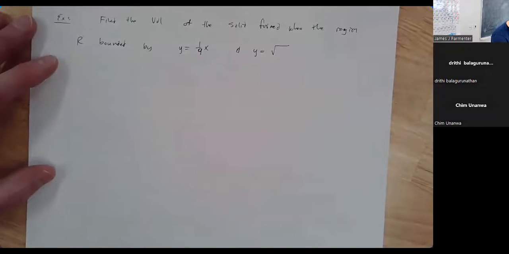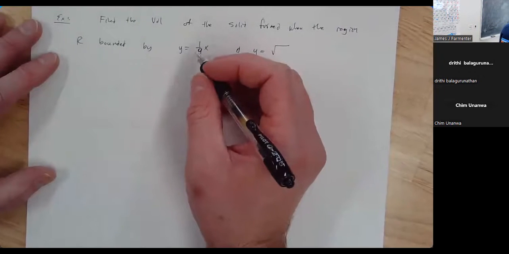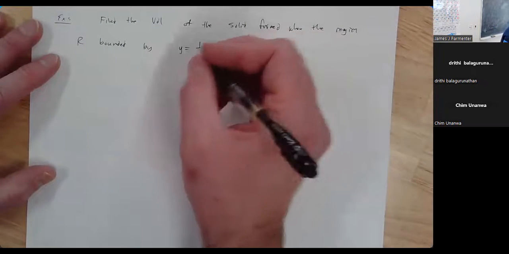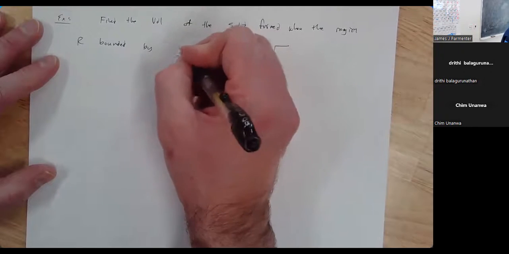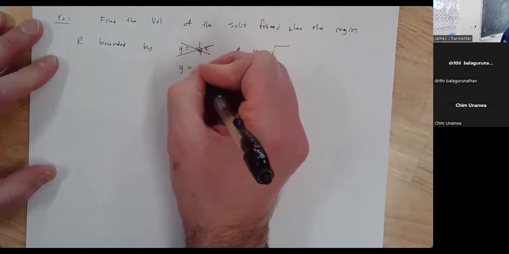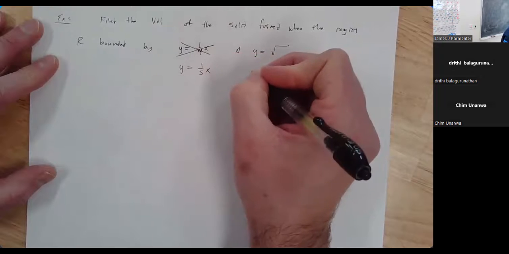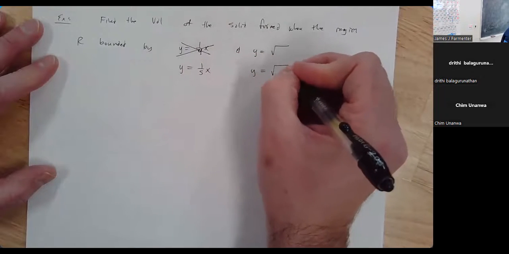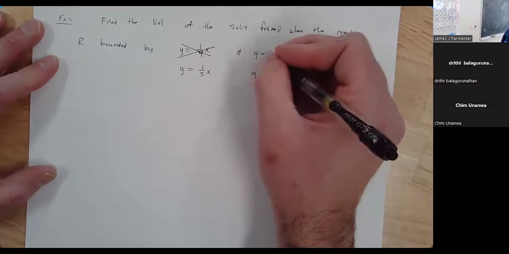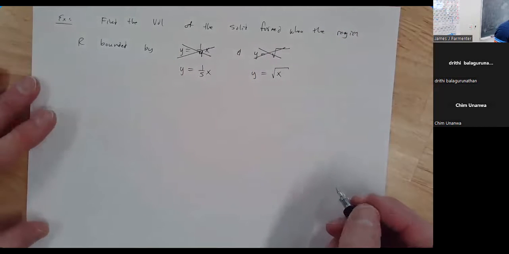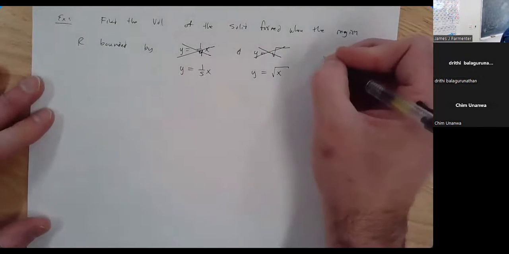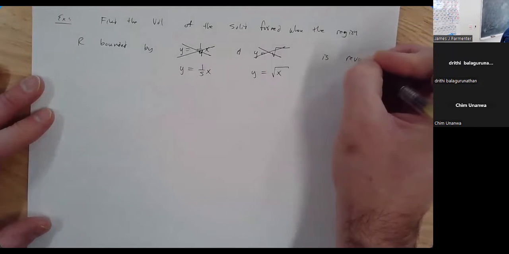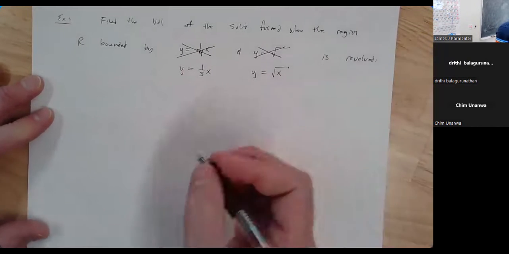Sorry, let me think for a second here. 1/9 is too big. Make that y equal to 1/5 x, and y equal to the square root of x, is revolved. Let's first go around the x-axis.